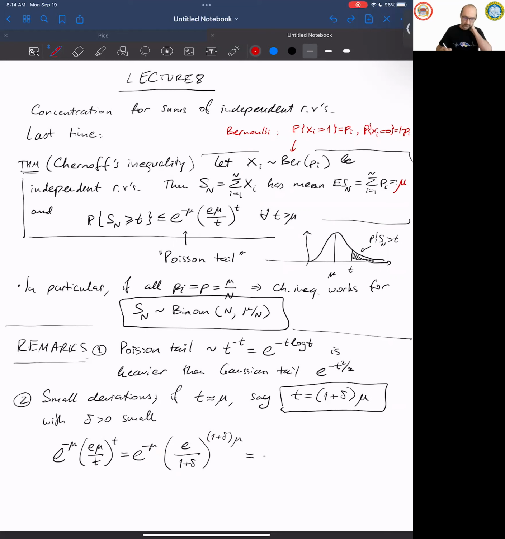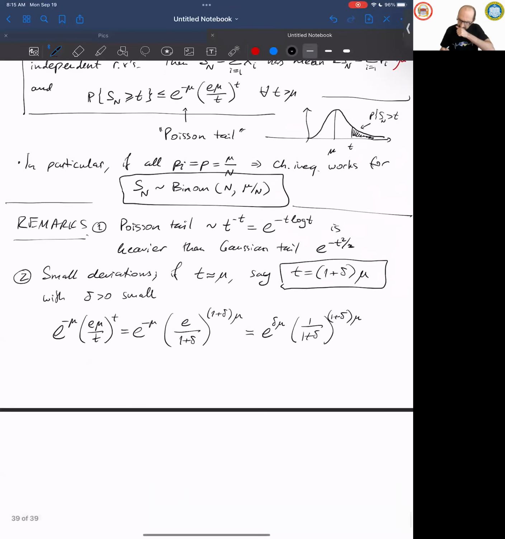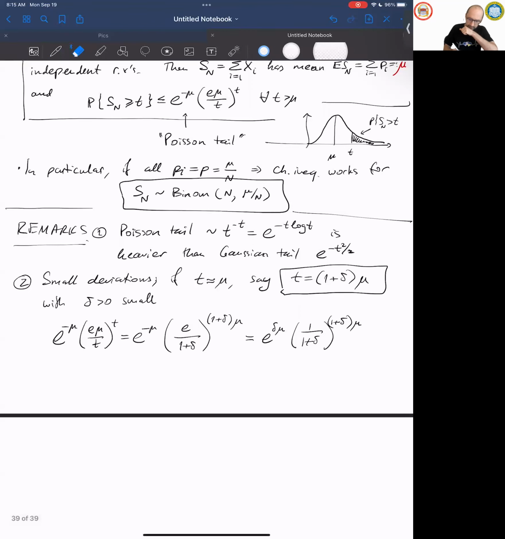So what's left is e to the delta mu here. And just that thing, 1 plus delta times mu. I just canceled the e. All right, let's make this a single exponent of something.